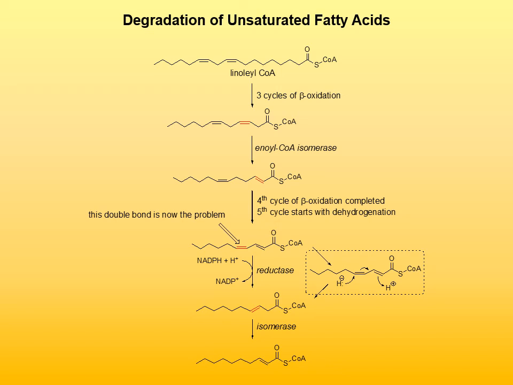So the fourth cycle of beta oxidation continues, and then we have 2 more carbons, and so the fifth cycle can start with dehydrogenation.